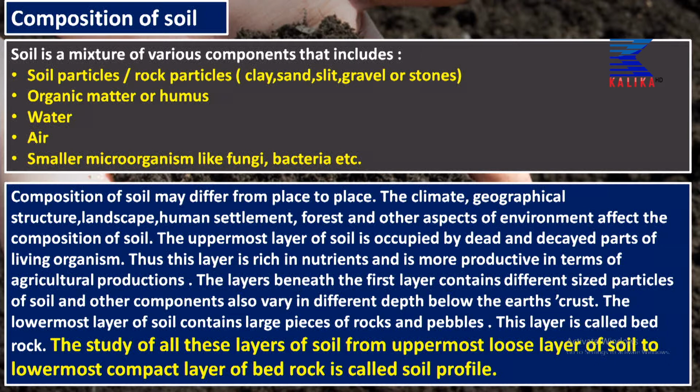Soil is a mixture of various components: soil particles, rock particles, organic matter or humus, water, air, and smaller microorganisms like fungi, bacteria, etc. But let me tell you, when you go down the earth's crust, it is not always sure that all these components are present in soil. The same thing we are going to discuss today. As you go down the earth's crust, the composition, the structure, the texture, and the color of soil go on changing.